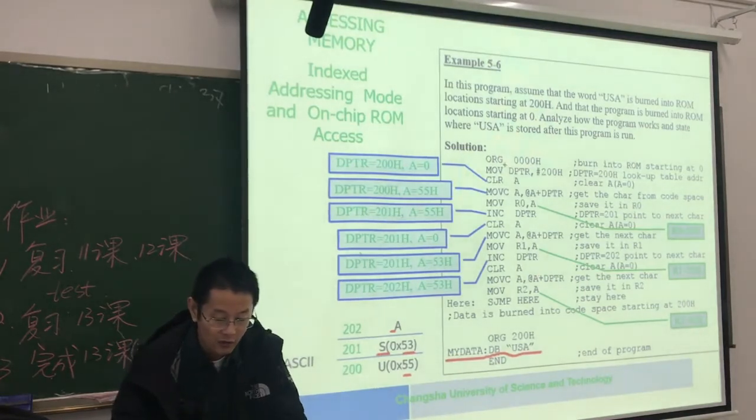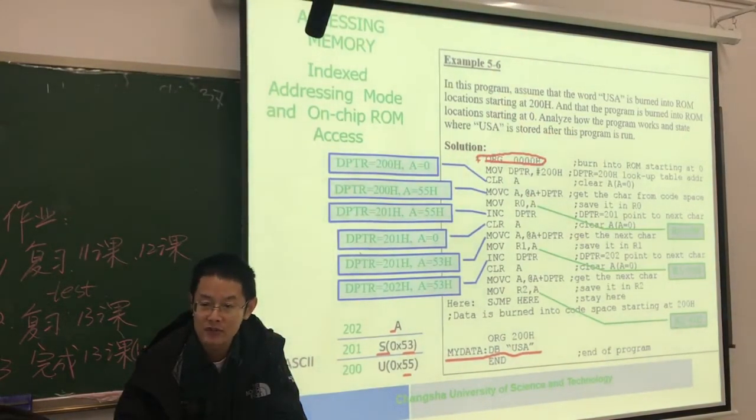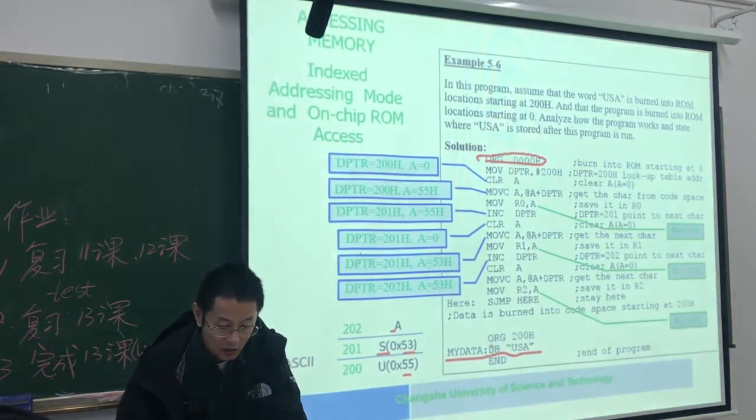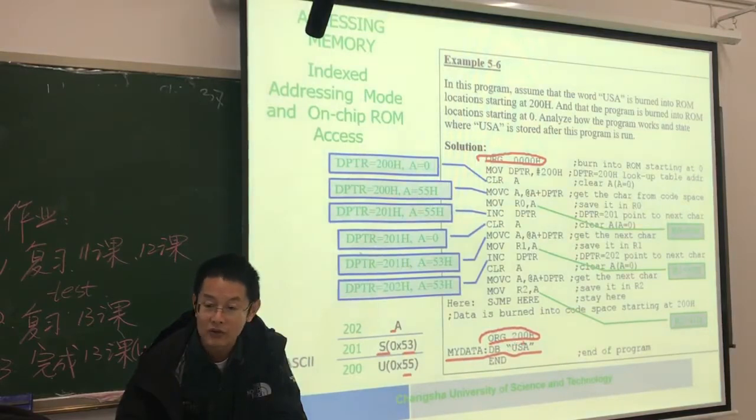So we can see the program. ORG 00H, which means this main program starts from 0. ORG 200H, which means the table starts from 200H.